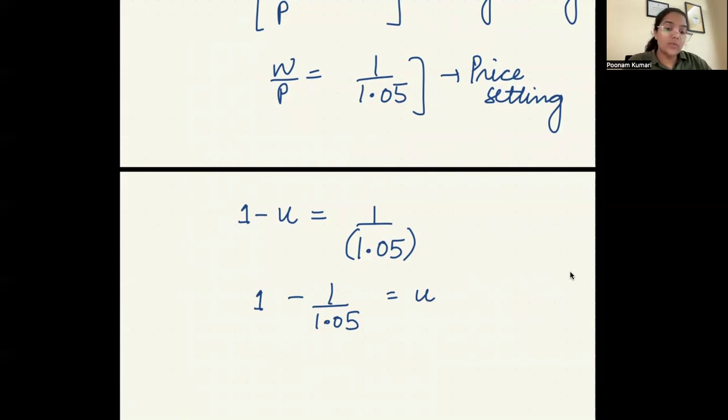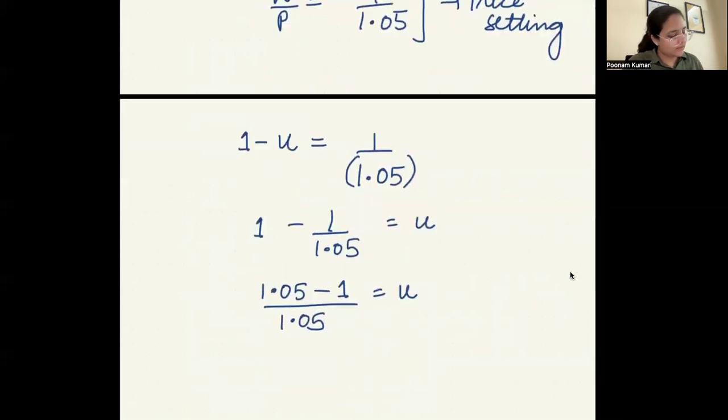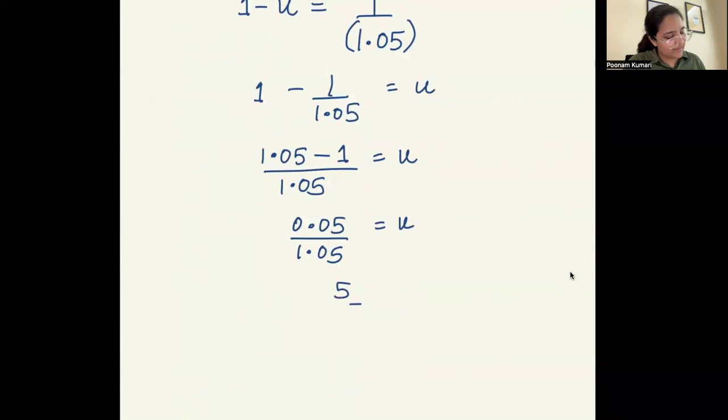What is this now? Yes, ma'am. So what is this? 0.097. This is basically 5 divided by 105. So how much is this? 0.0976.